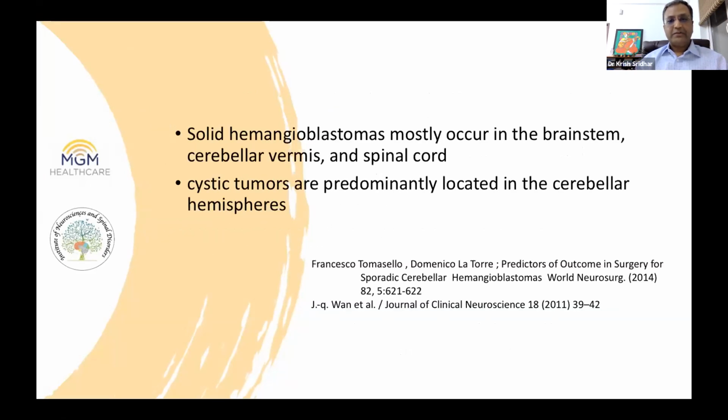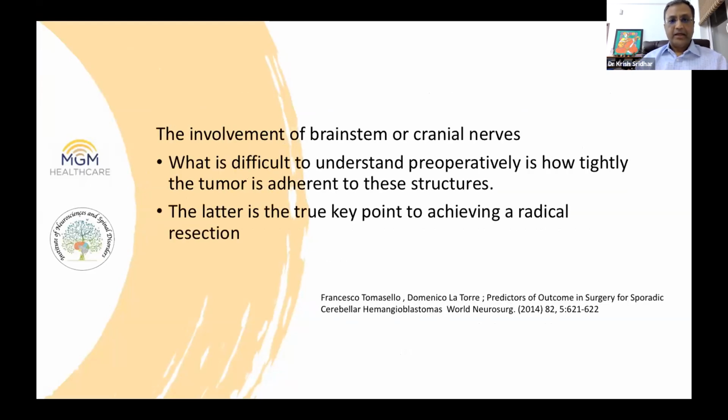Solid hemangioblastomas occur mostly in the brainstem, cerebellar vermis, and the spinal cord, while cystic tumors are located primarily in the cerebellar hemispheres. Now, involvement of the brainstem or cranial nerves, it is difficult to understand this preoperatively as to how tightly the tumor is adherent to these structures.